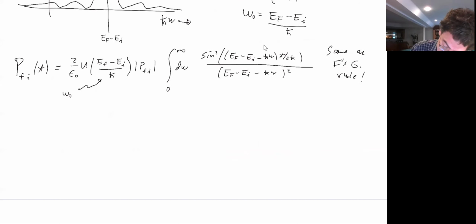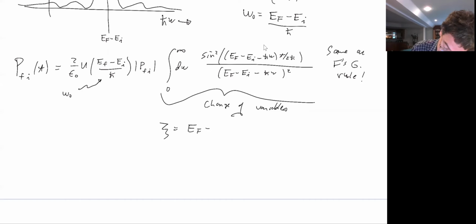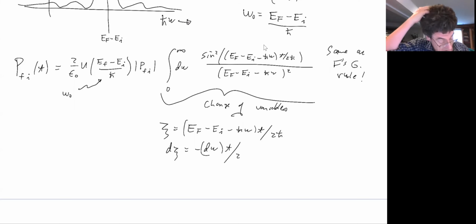And so to do this integral, we do a change of variables. Remember, change of variables. We define a new variable, c, equal to (EF minus EI minus h bar omega) times t over 2h bar. Then we have dc equal to negative d omega times t over 2h bar.